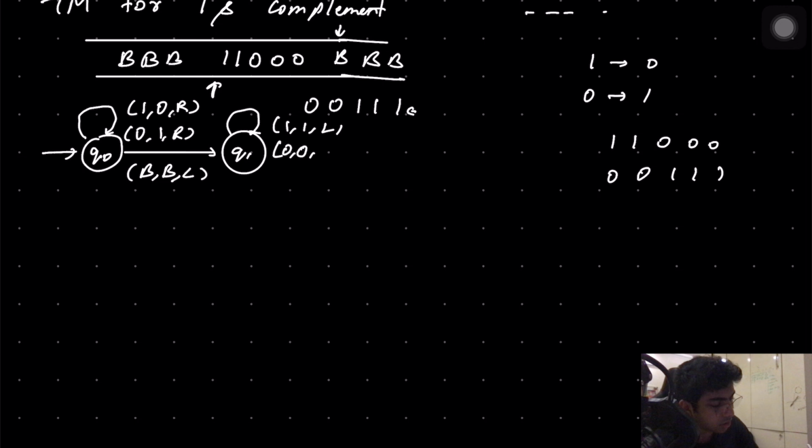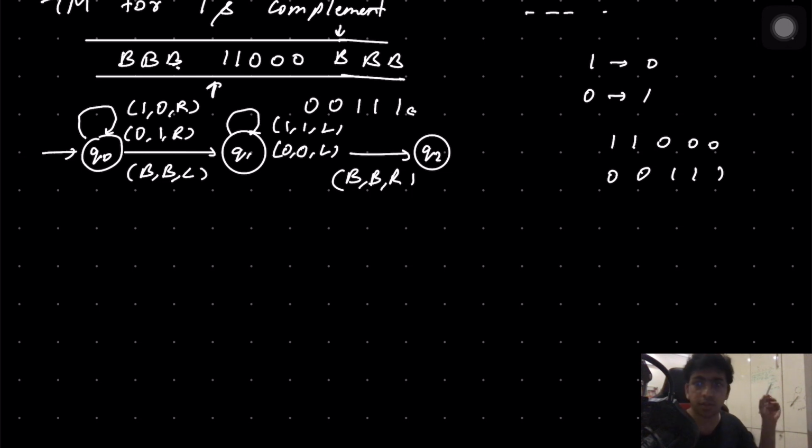If you see a 0, keep it as 0, go left, until you come at a blank, which is Q2. On a blank, just go blank, comma, right, and done. We are at the end of this particular code, and we have returned the pointer to where we started.